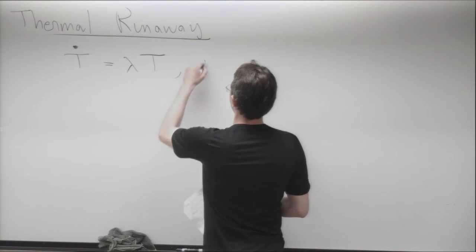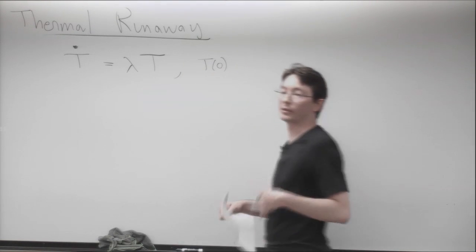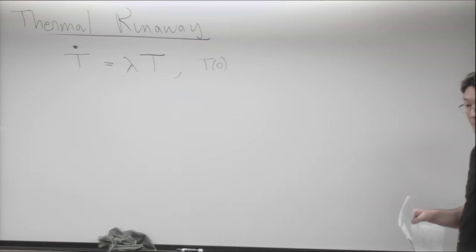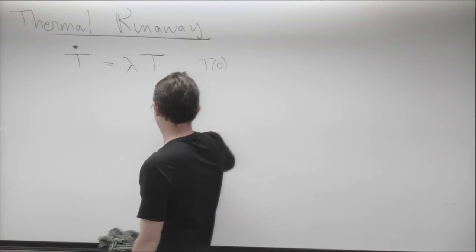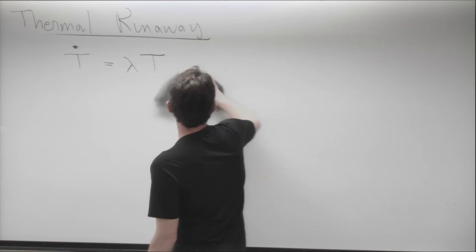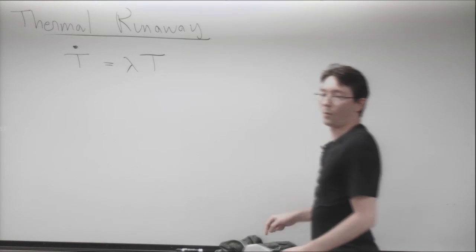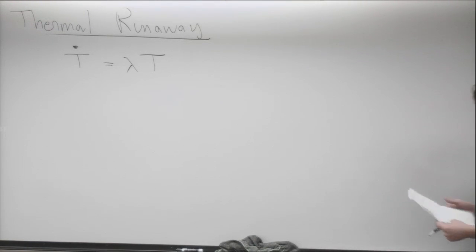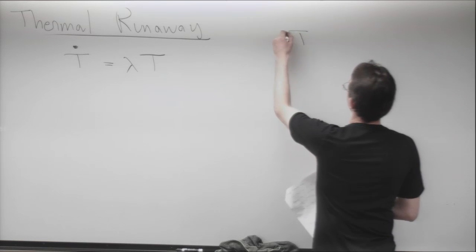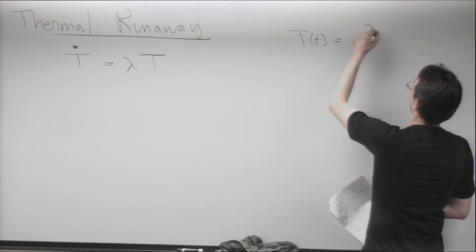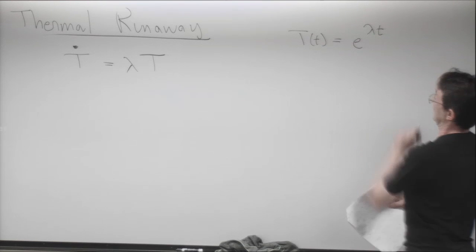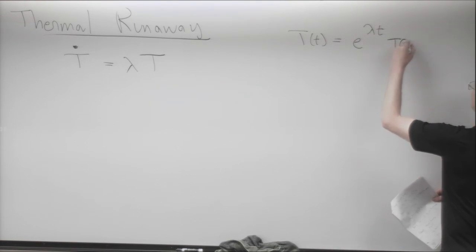Okay, so I have some initial temperature T naught. It has to be sufficiently high that I go into thermal runaway, so there's a break point. Now, in practice, why wouldn't my temperature just go to infinity? T at time t is equal to e to the lambda t times whatever my initial temperature was.